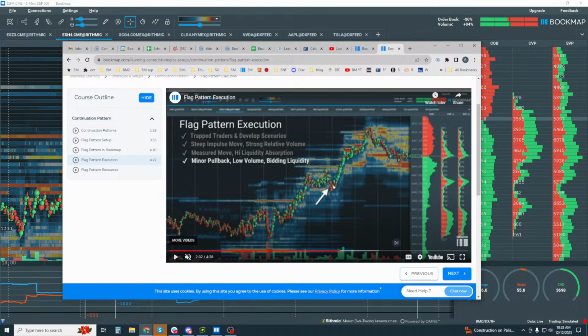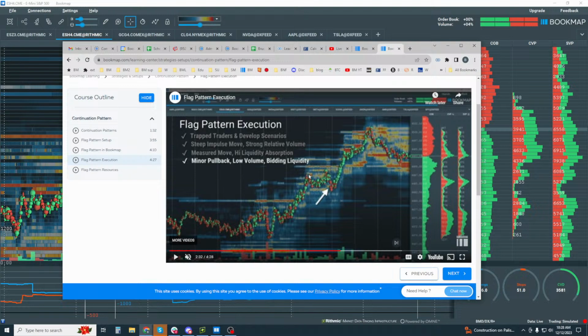Sellers come in and hit it pretty hard, and they trade through it a little bit, but as we noted in this execution checklist, we're looking for the trap traders in here, and then for that impulse move to the upside. Again, you can look for it in here too.